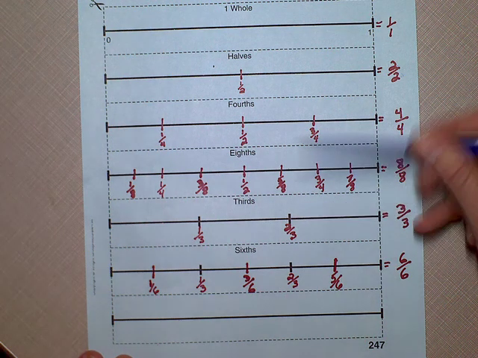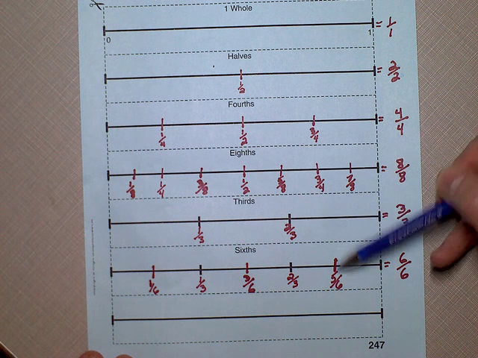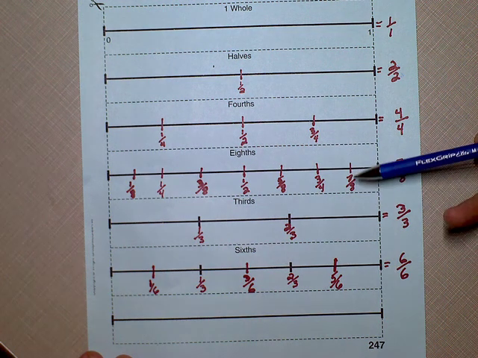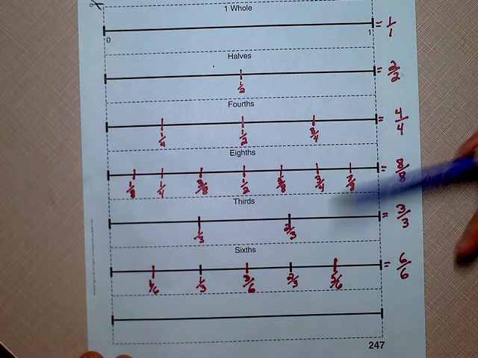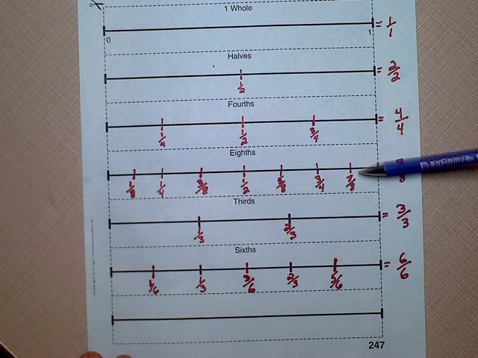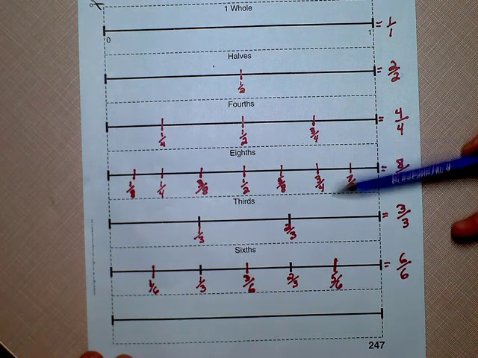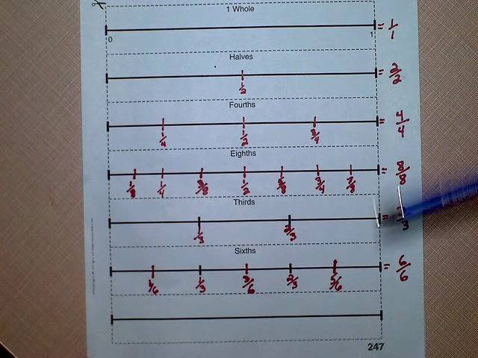Then they compared thirds, where 2/3 is a little bit past 5/8, and 5/6 is more than 3/4 but less than 7/8. So we made some comparisons in discussion about the different sizes of fractions with different denominators, how they can represent different sizes, and how to compare them to different fractions.